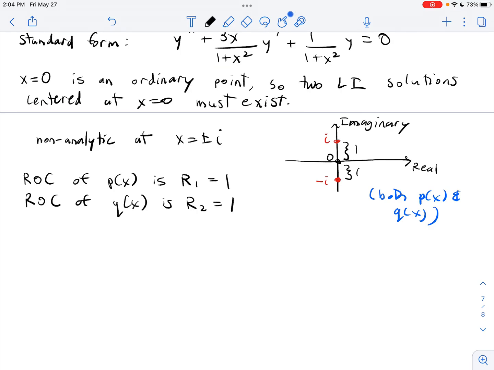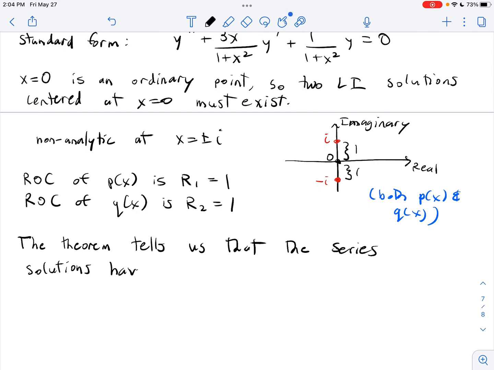So this means the theorem tells us that the series solutions have an ROC with lower bound whatever the minimum is of the two radii.